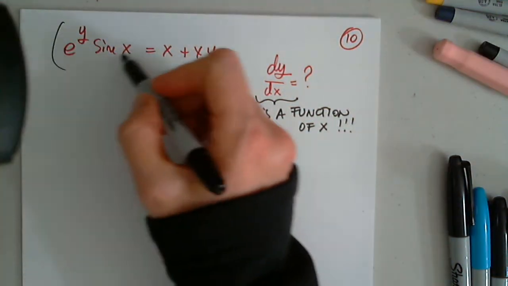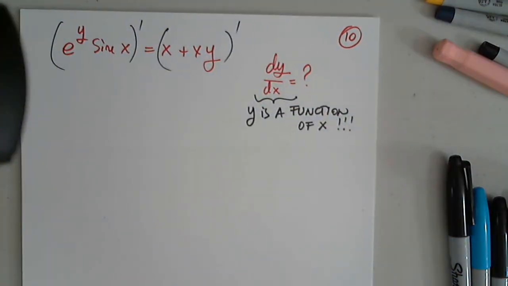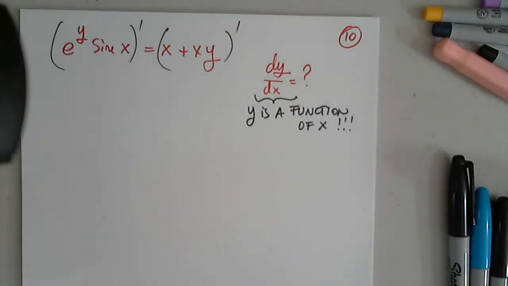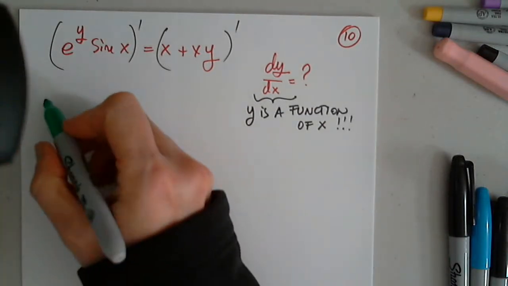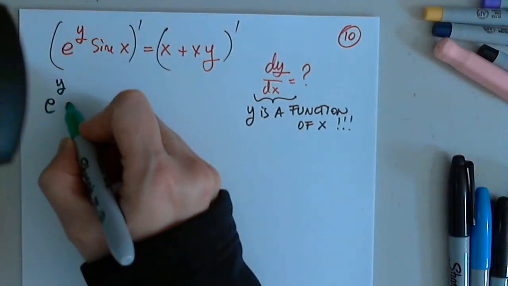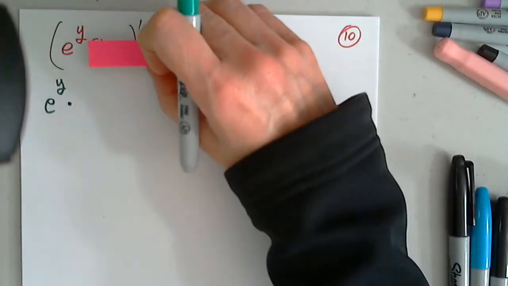So like before, we will differentiate both sides. Who would like to get it started, please? If no one volunteers, then I will ask. So for the left side, there would be e to the y cosine x. E to the y times dy over dx.